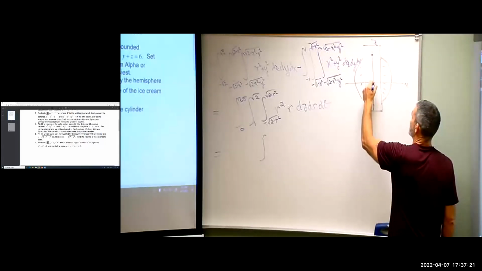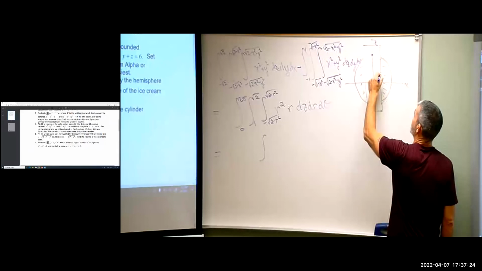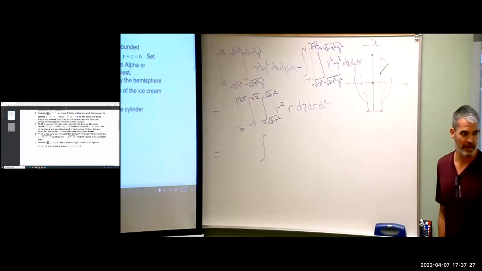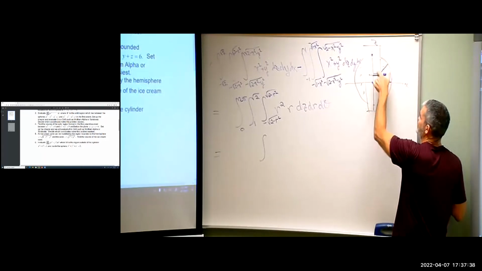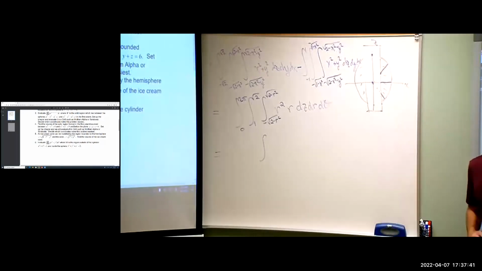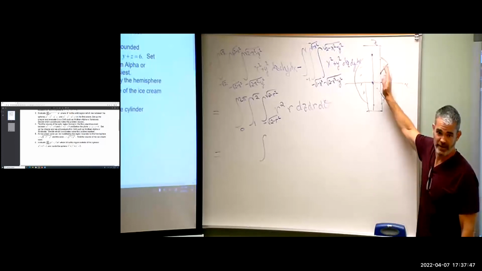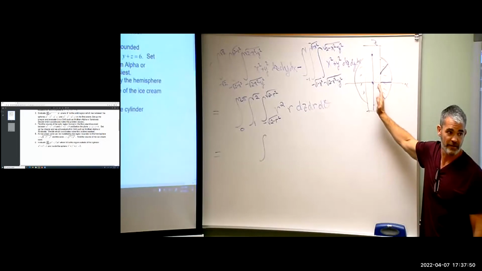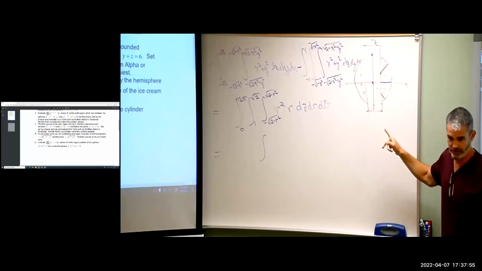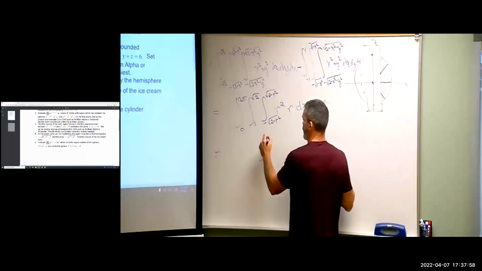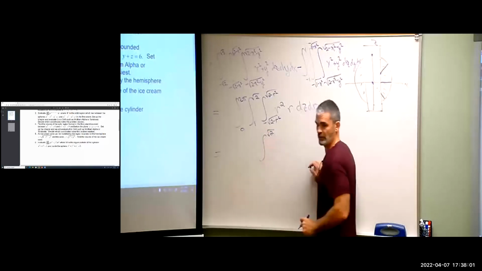So it's going to pick up here and then go out to there. Depending on where I put this, right there, can you see how the length of that changes? That tells me that the limits on rho cannot be constant. Now the outer limit's going to be a constant because the outer surface is a sphere. The inner one won't be because it's actually being made by the cylinder. So if I'm doing rho first, I already know this is going to go out to radius square root of 2. That's my upper limit on rho.